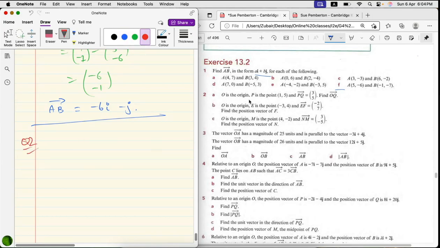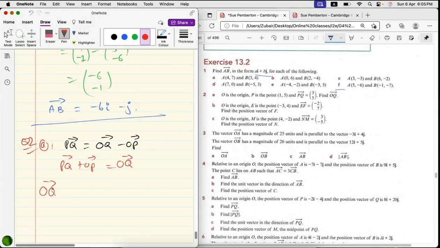O is the origin, P is 1, 5, PQ is given 3, 5. Find OQ. First we need to find OQ. PQ is OQ minus OP. We can either substitute right away or rearrange first. PQ plus OP is equal to OQ.